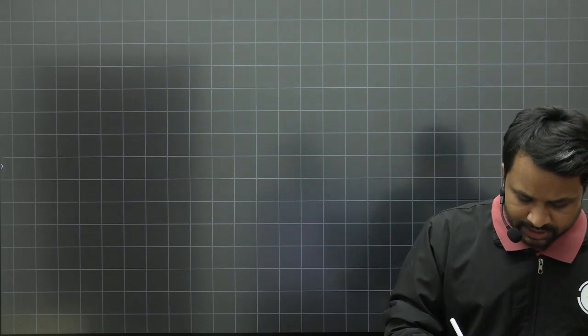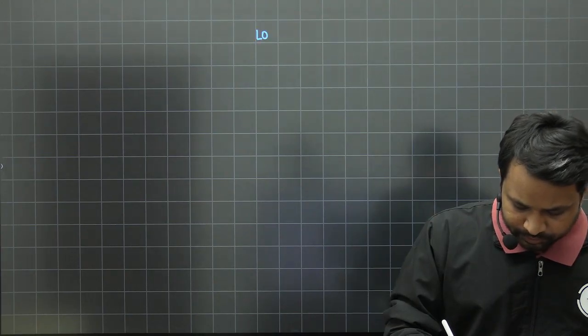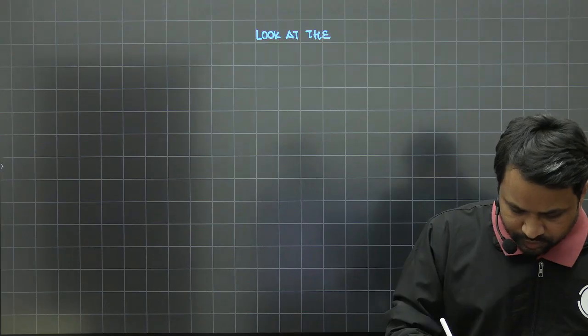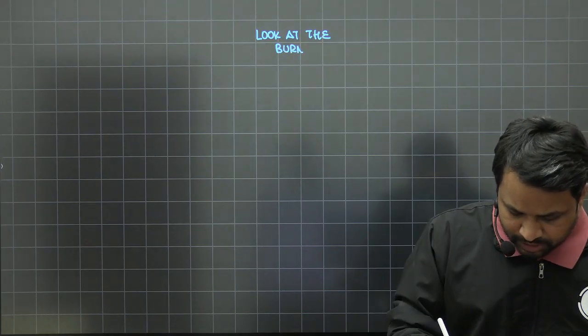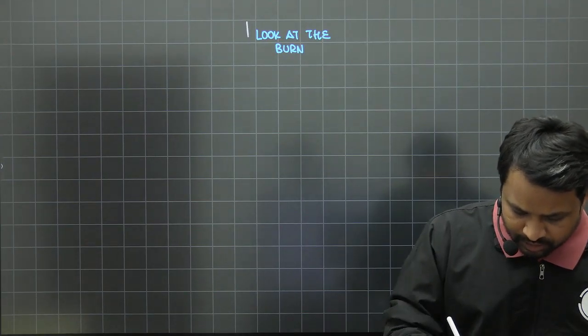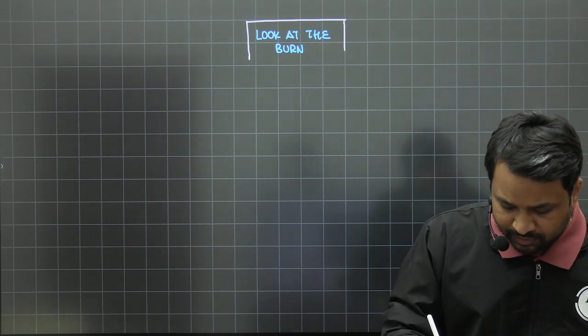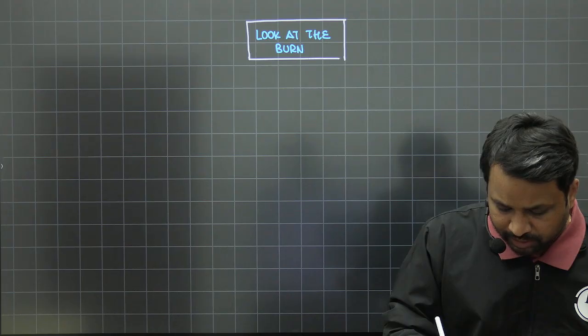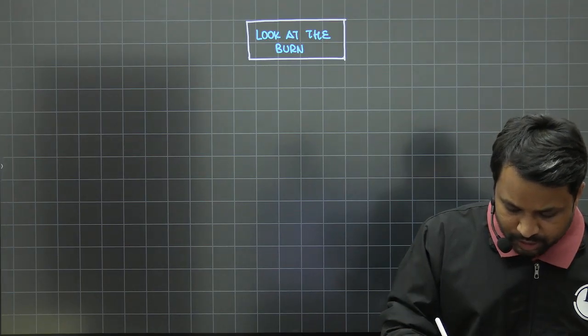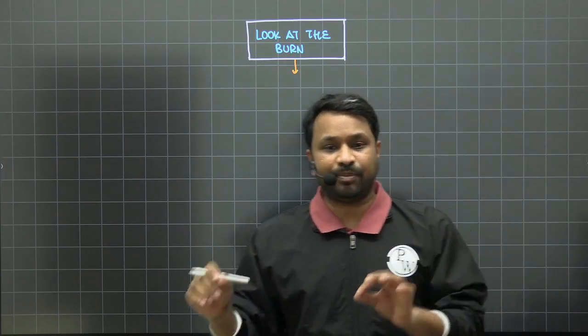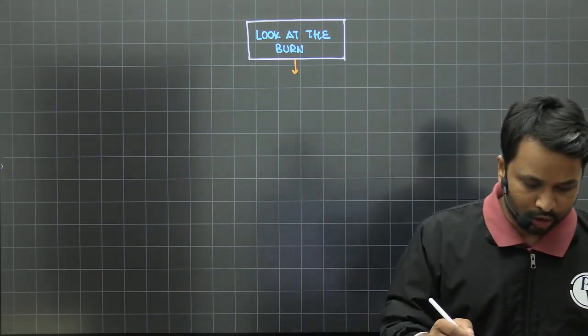So the first thing, as soon as the patient comes to you, we say, look at the burn. The first thing you do is to look at the burn, right? Now, what are you looking for? You're looking whether the epidermis is involved or it is going to be a deeper tissue involvement. So here you're going to see is the integrity of the epidermis maintained or not, right?